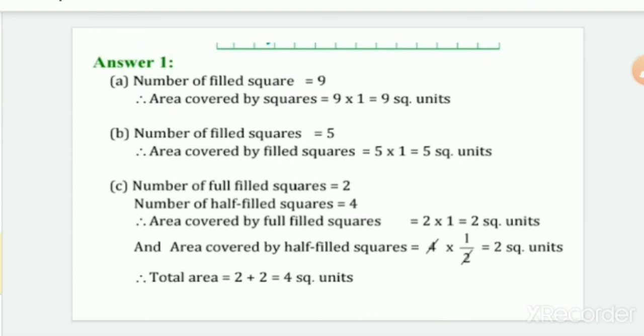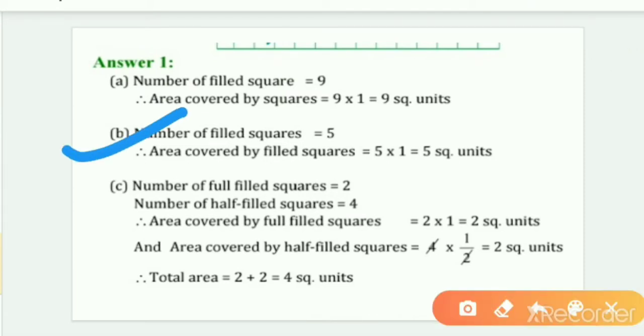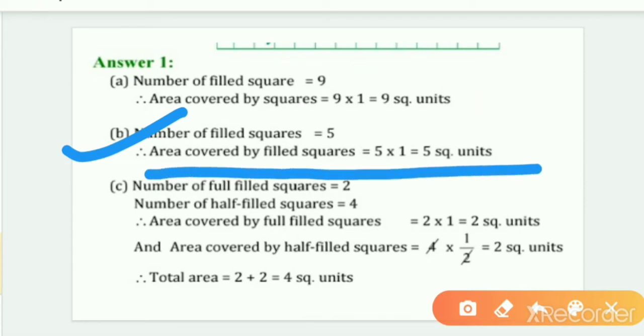But here we have 5 squares, so the number of filled squares is 5. So the area covered by filled squares will be 5 multiplied by 1, which equals 5 square units.